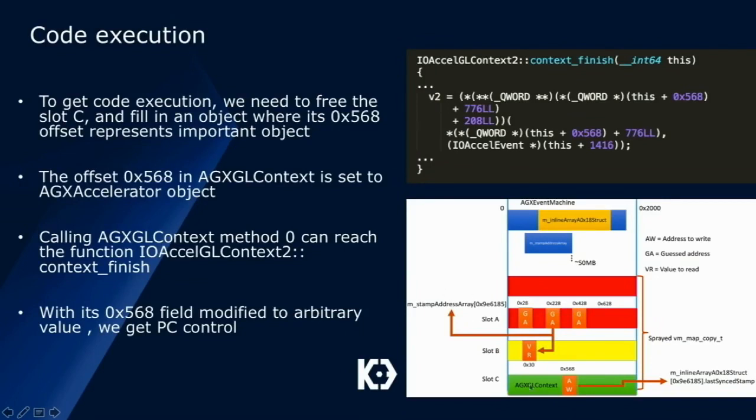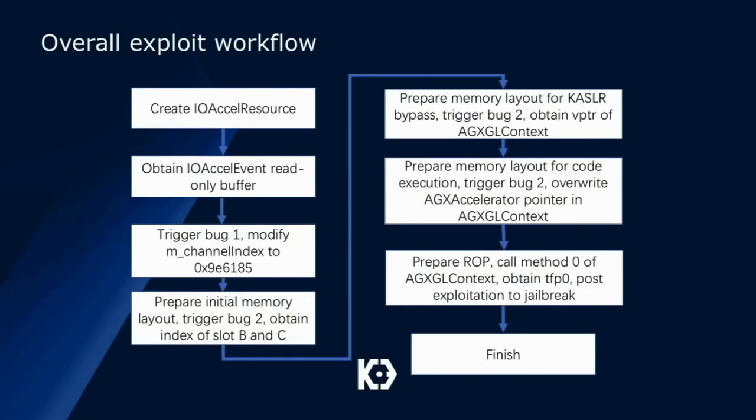So by exploiting that bug again, we are able to modify the lower 4 bytes of that AGX accelerator object to any arbitrary value, and we can control the content of that new address so that we get PC control. So finally, I talk about the overall exploit flow.